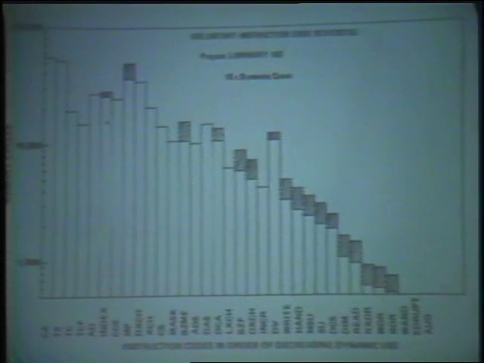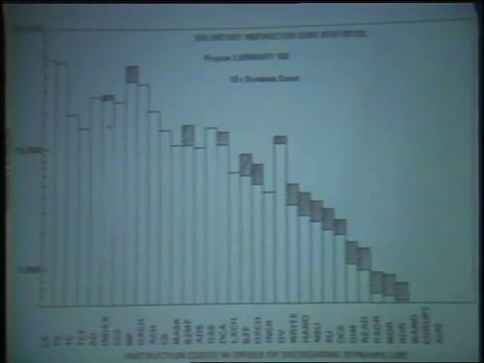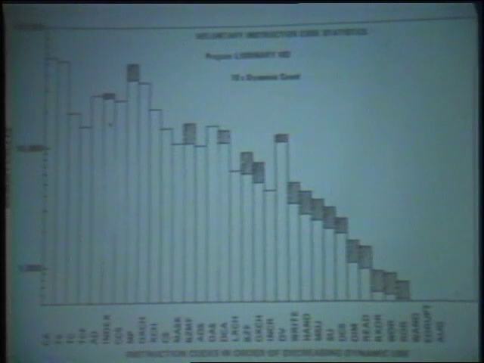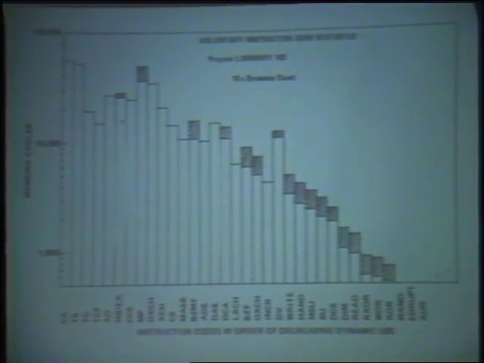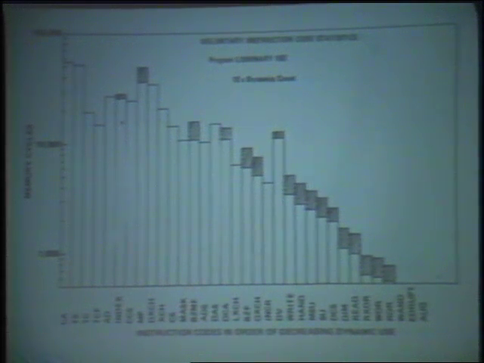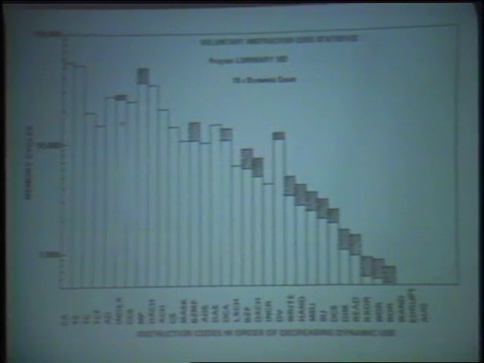The dynamic count is plotted as a histogram of memory cycles for each instruction, arranged in the order of decreasing count. So the memory cycles on the left-hand side, and these are the various instructions arranged in the order of decreasing count. The shaded areas are the memory cycles for the extend operation preceding the extended operations. So all of these with the shaded areas on top were extended instructions.